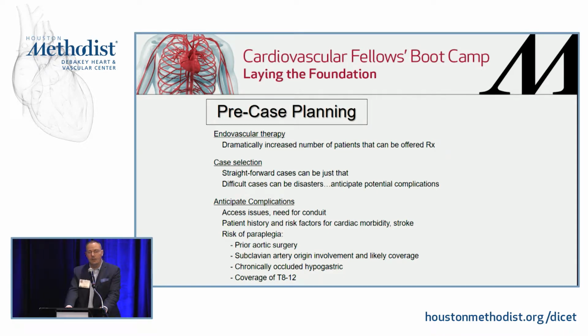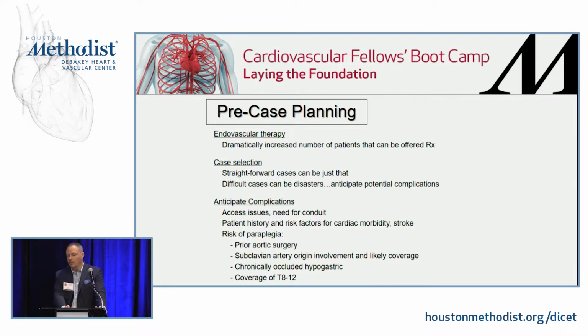We see that in the abdominal devices as well. There is the risk of paraplegia, of course, that is increased in patients that have had prior aortic surgery. Their collateral supplies have been taken when they had other grafts or other AAA grafts placed. If they have subclavian involvement where you're going to have to cover the subclavian, that may increase your risk of paraplegia. If they have hypogastrics, also another important collateral, either disease or if you have to cover that for some reason with your sheath, all of that can increase your risk.